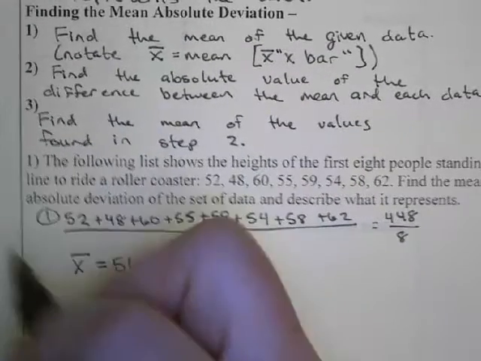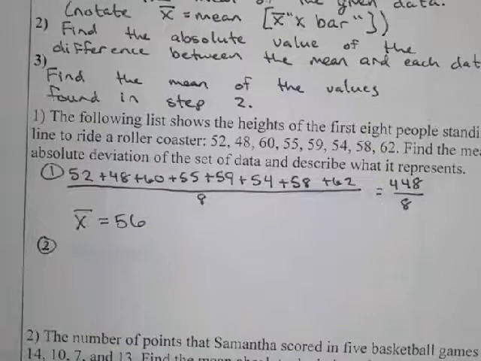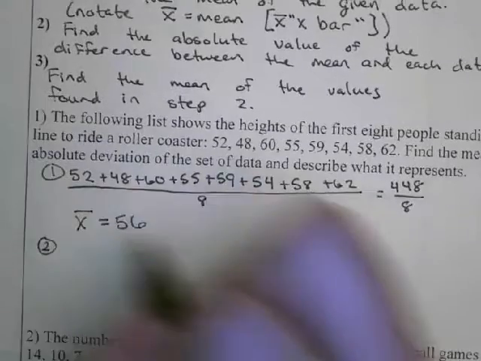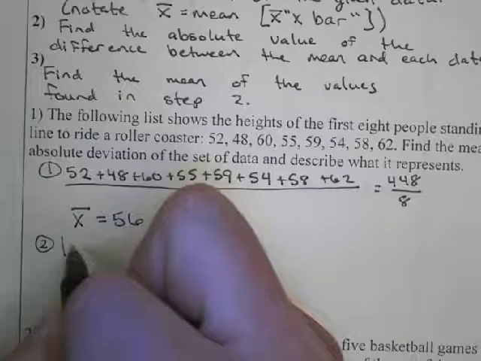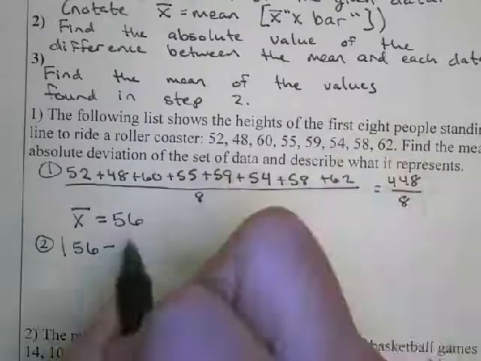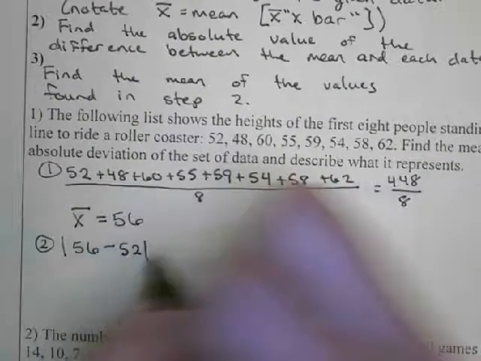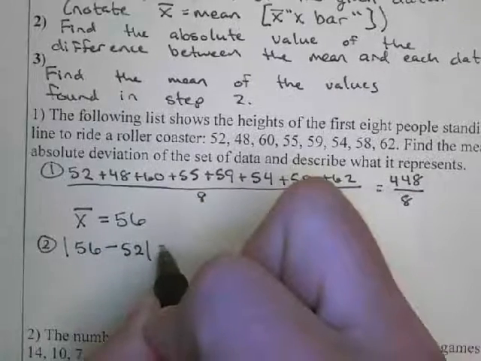So that's step 1. We found x bar. Now step 2, I'll find the absolute value of the difference between the x bar, our mean, and every data point. So I'm going to find the absolute value of my mean, 56, minus every data point, and we'll do this 8 times because there's 8 data points. So 56 minus 52 is 4, and the absolute value is 4.